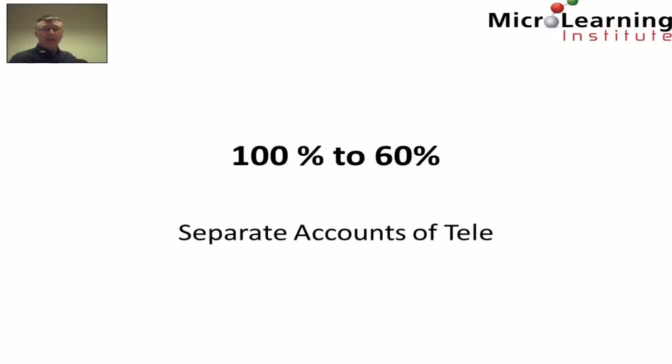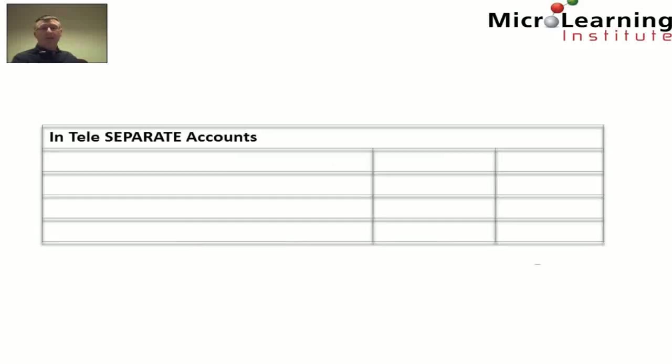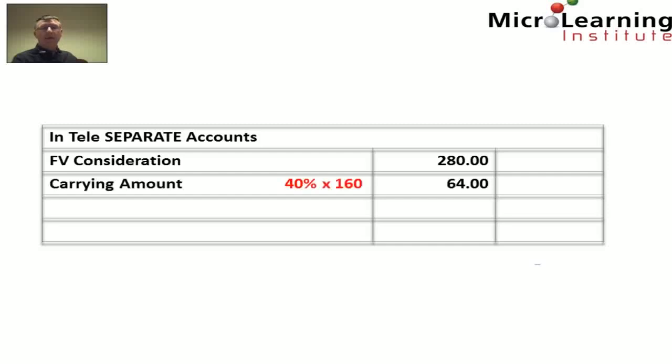Of course, Tele is still in control, so now we look at how we deal with this, firstly in the separate accounts of Tele. So the consideration, we're told, is $280,000, and the carrying amount is 40% of what we purchased the 100% holding for in the first place.